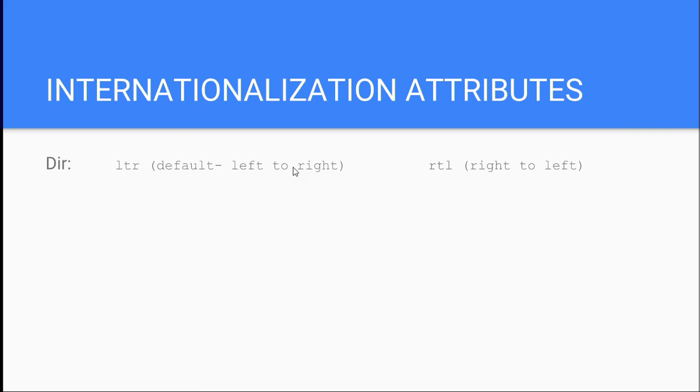Apart from those two languages, most languages like English or any other language write from left to right. But Hebrew and Arabic are different. When you're making websites which have the language of Hebrew or Arabic, you should use this attribute.